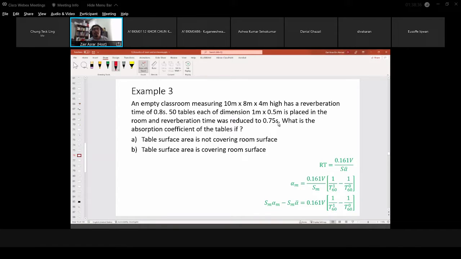We need to calculate the absorption coefficient of this table if the table is not covering the room surface, and for question B, if the table is covering the room surface. So for A we use this equation, and for B we need to use this equation.